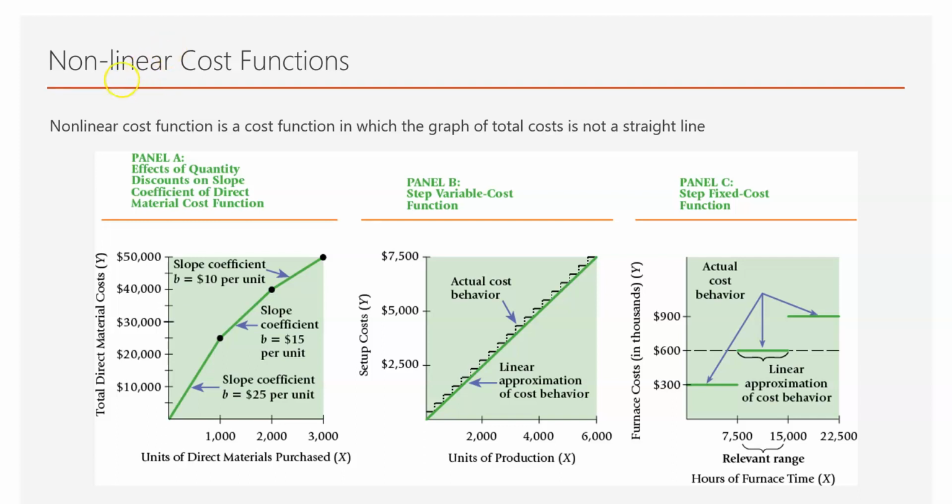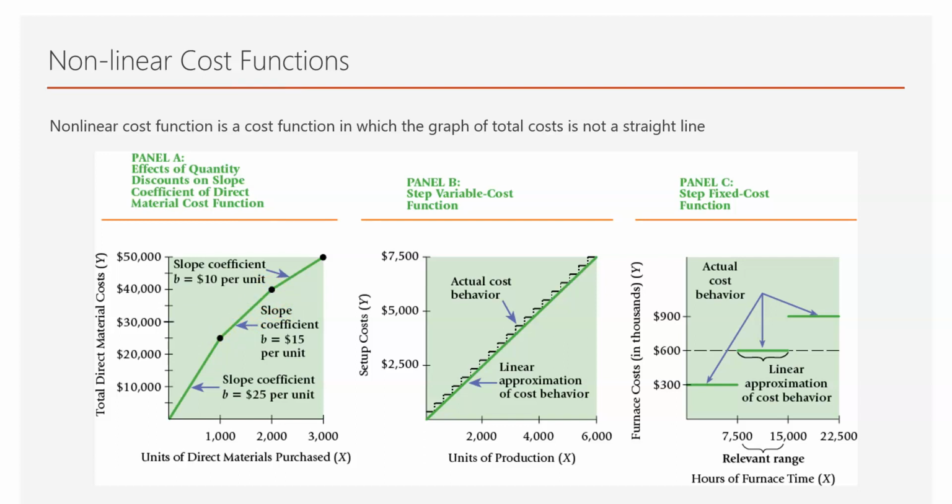The first illustration, in panel A, gives us quantity discounts on direct material. So let's say for the first 1,000 units, we're going to pay $25 per unit.